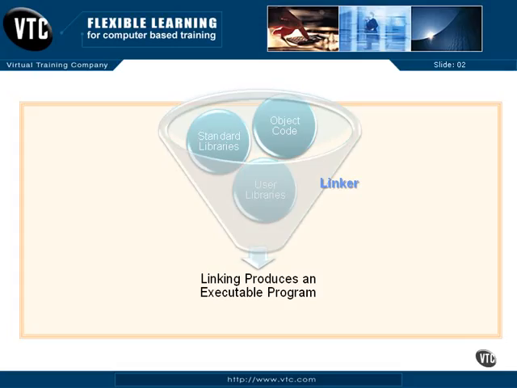So we're going to see all that happen as we do this, but I want you to understand the difference between source code, which is what you can easily read, written in a form of English, object code, which is the output of the compiler, and then executable code, which is a combination of object code and other standard libraries, and maybe even some user libraries, so that we can get an executable program to run.